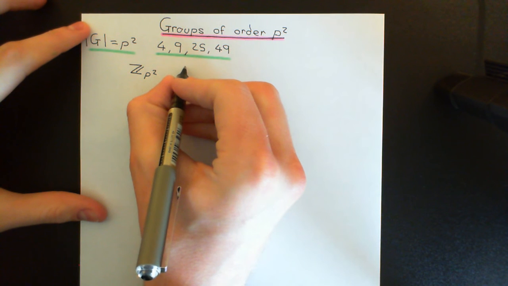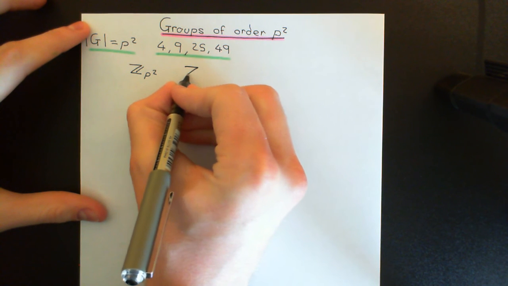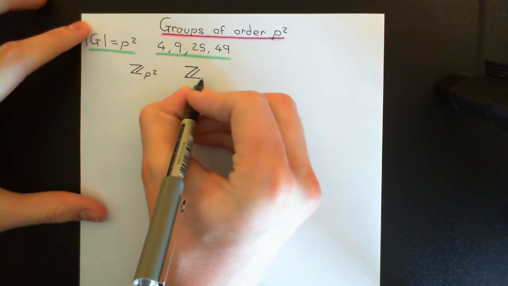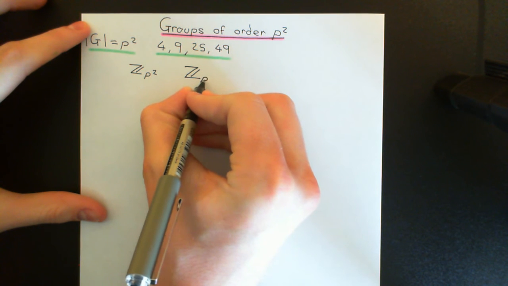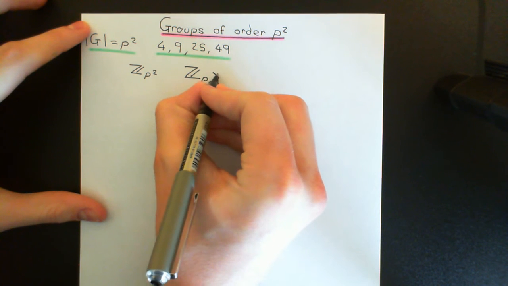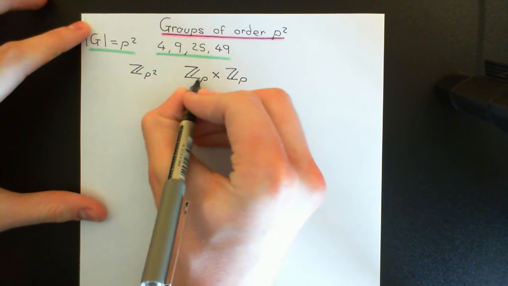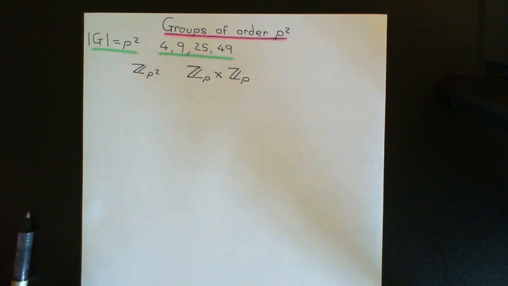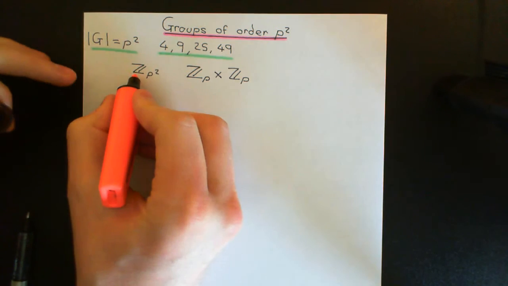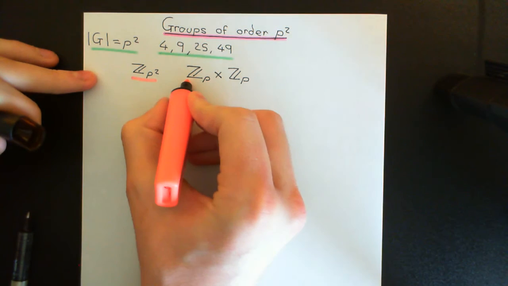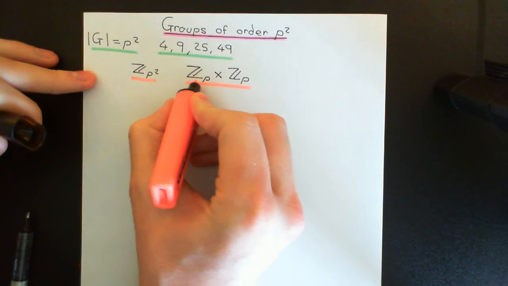Or the other isomorphism class is that your group will be isomorphic to the cyclic group on the set of P elements direct producted with the cyclic group on the set of P elements. So ZP cross ZP. Okay, so if you have a group of order P squared, the claim is that it will be isomorphic to one of these 2 options.